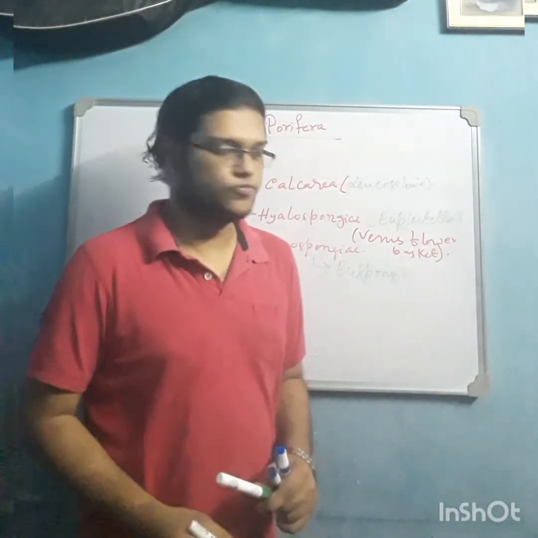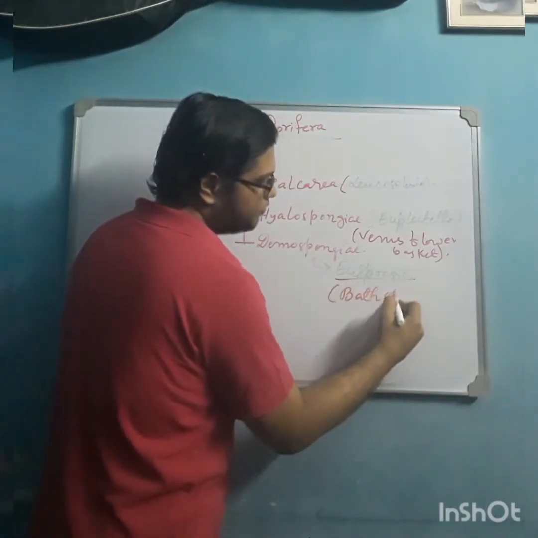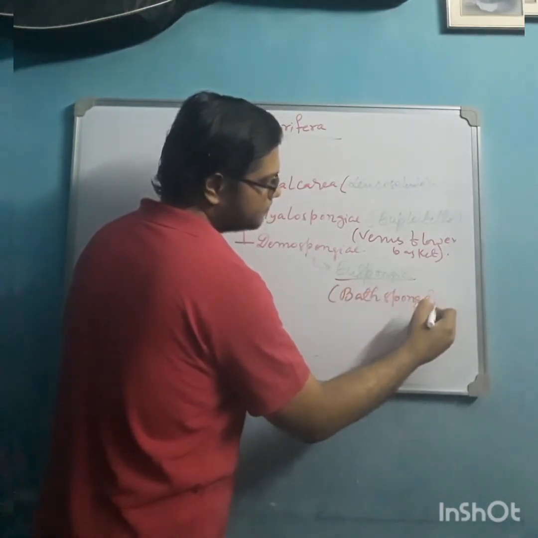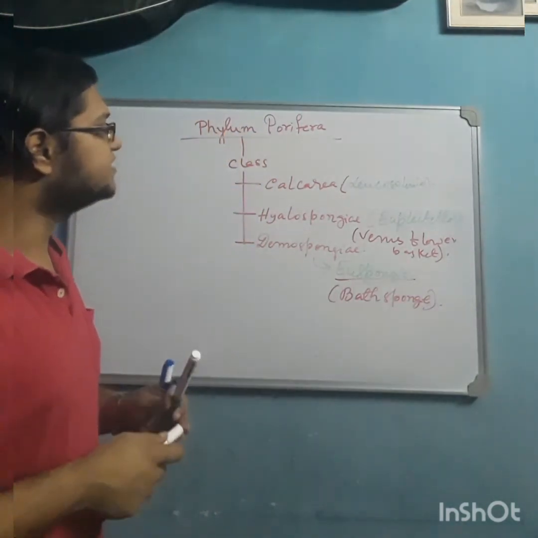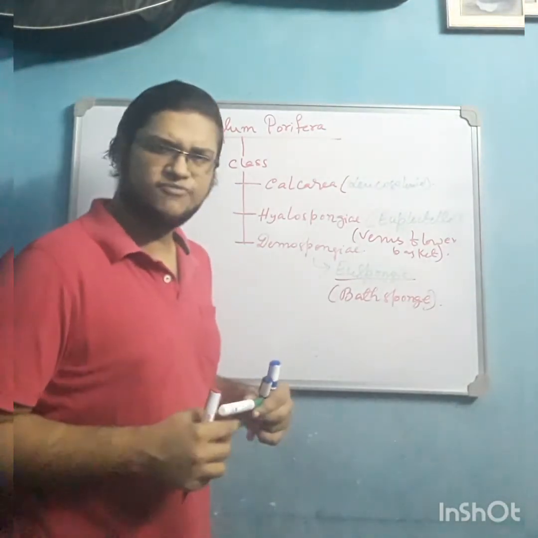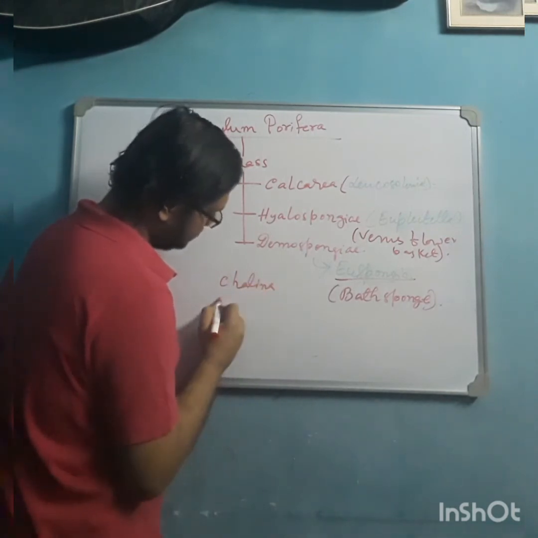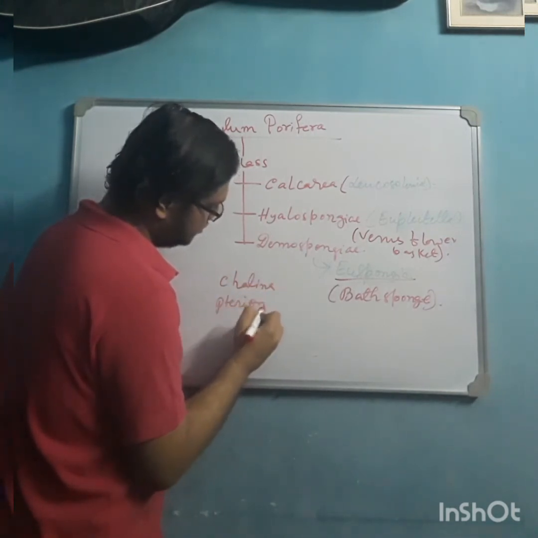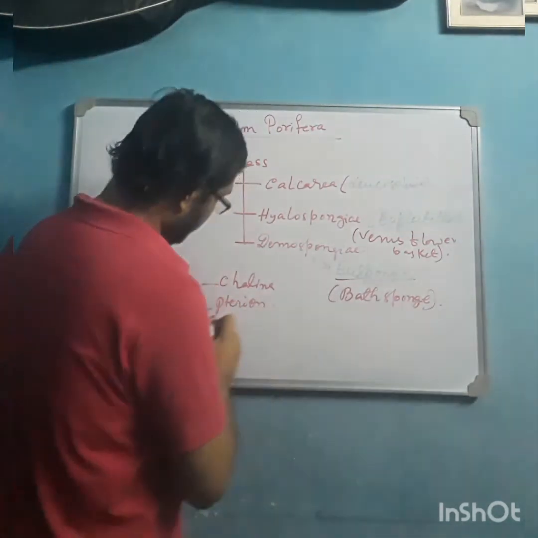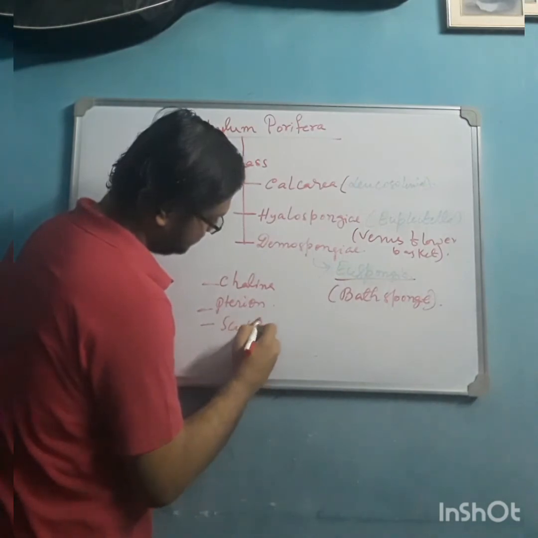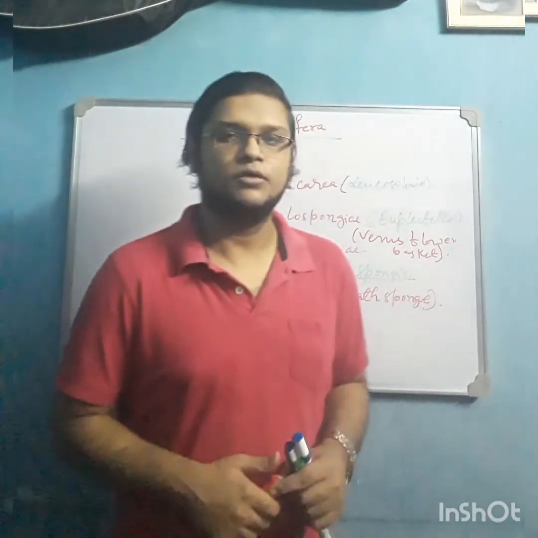Another name of Euspongia is bath sponge. So these are examples of phylum Porifera. Some other examples are also there: Chalina, Poterion, etc., Scypha, etc. These are different examples of phylum Porifera.